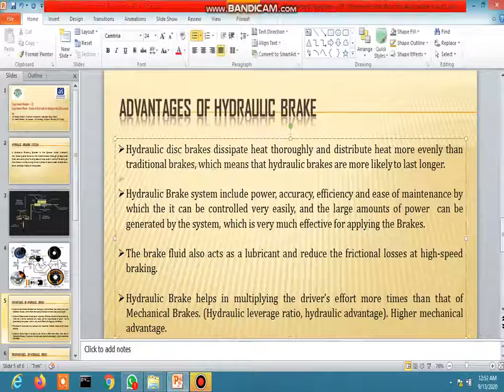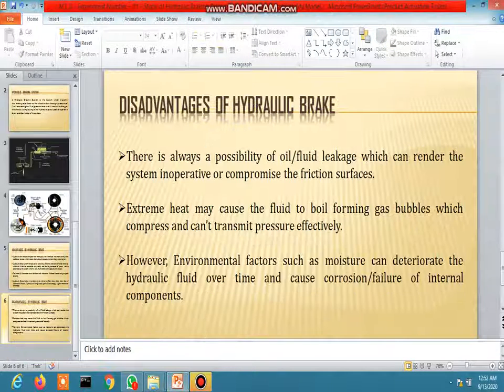And disadvantages of the hydraulic brake systems. There is always the possibility of oil fluid leakage, which can render the system inoperative or compromise the friction surfaces.